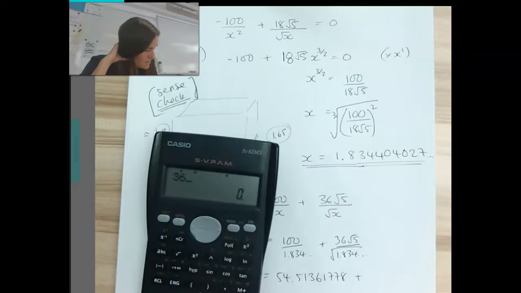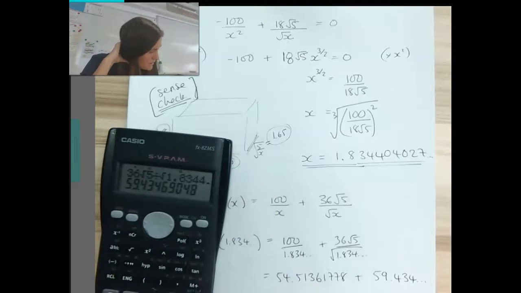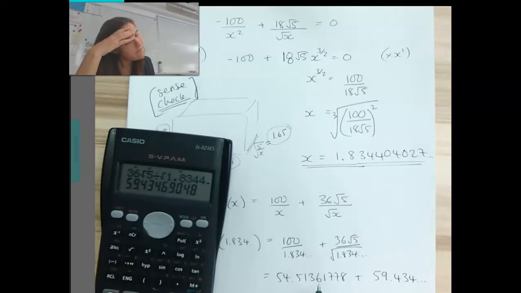Okay, 36 root 5 divided by square root of 1.834404. Okay, so that's 59.434, which actually doesn't seem very correct, to be honest.